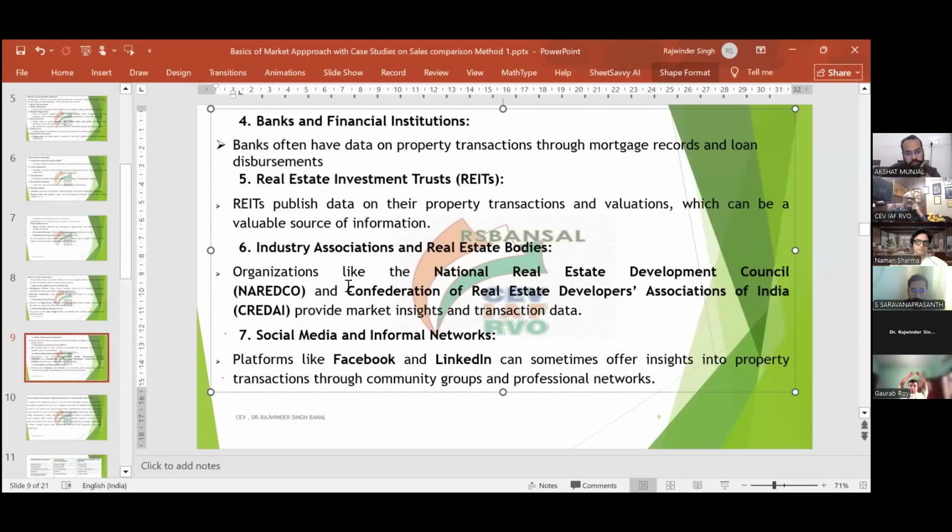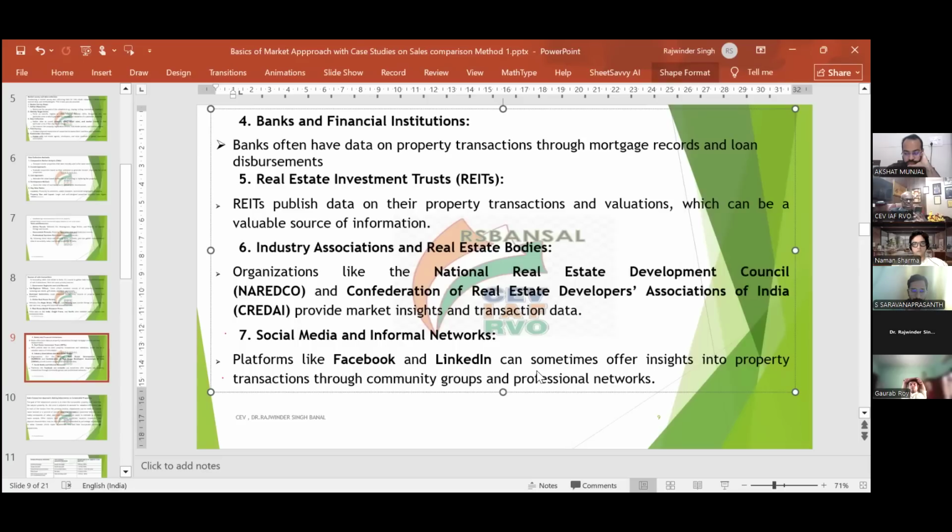And then there are industry associations and real estate bodies, organizations like the National Real Estate Development Council and the Confederation of Real Estate Developers Association of India. You can contact them or visit their websites to get market insights and transactional data of the area of which you are doing valuation.